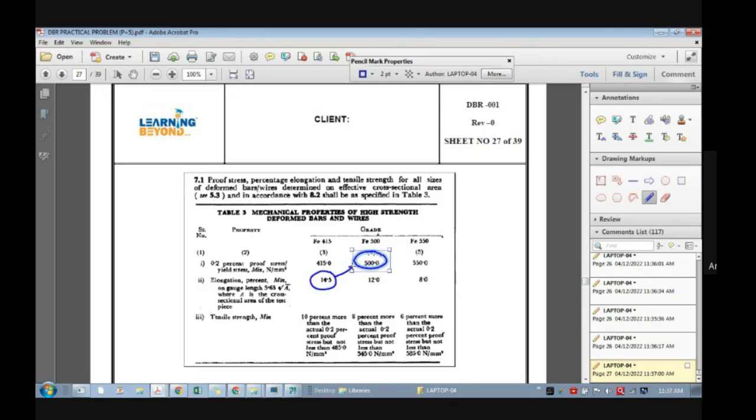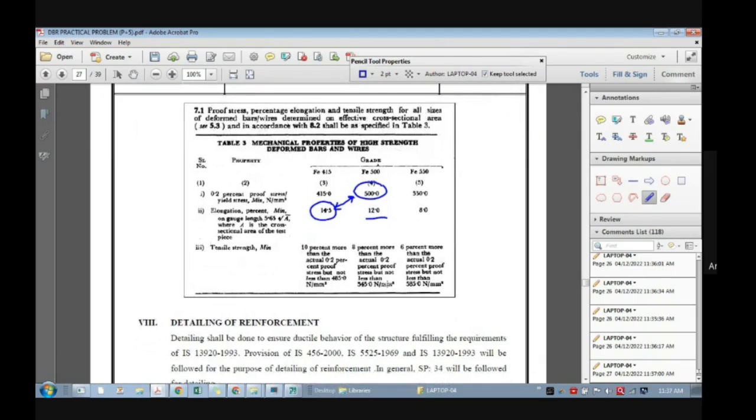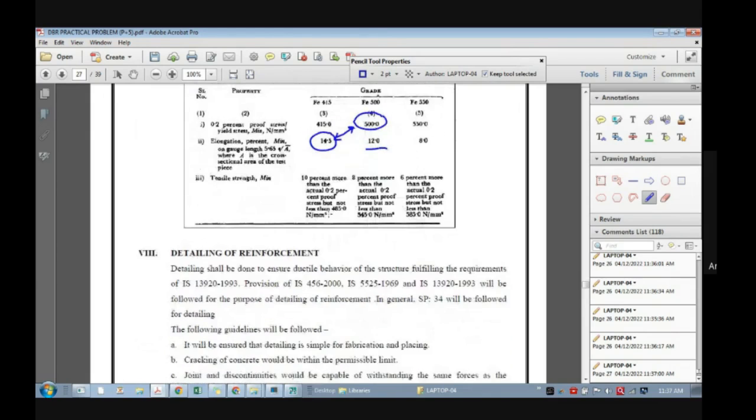So we should ask the supplier what is the elongation value for your steel. If it is 14.5, then it is okay. So don't take the elongation 12 for your project. Whenever you purchase the steel, please make sure your elongation is this. Whenever you take the steel test report, you find this information there.